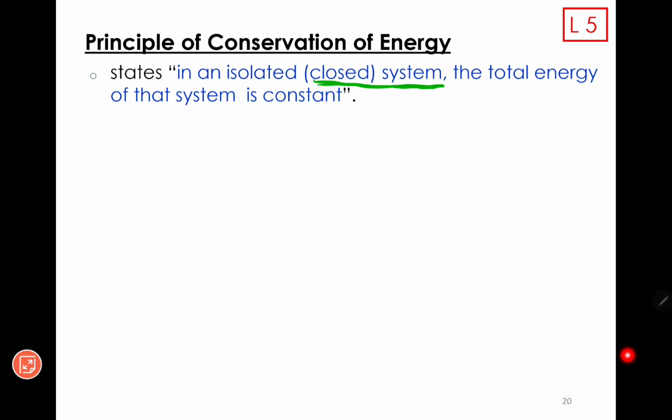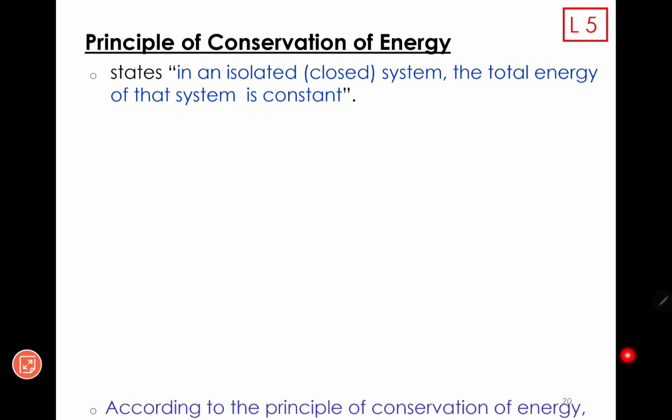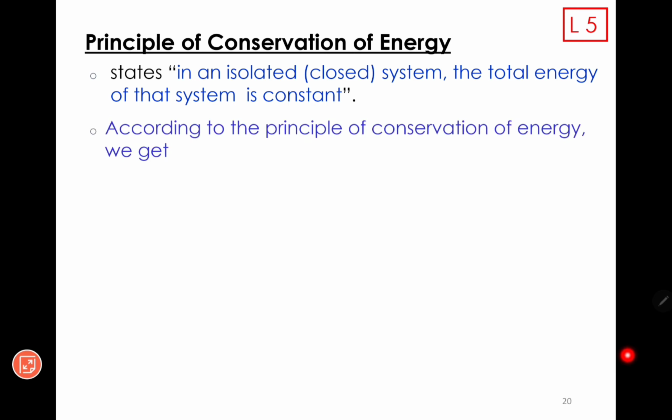Then the total energy of the system is constant. So according to the principle of conservation of energy, we may say that the sum of E initial equals the sum of E final. Remember the types of energy here, what do we have now? Just U and K.